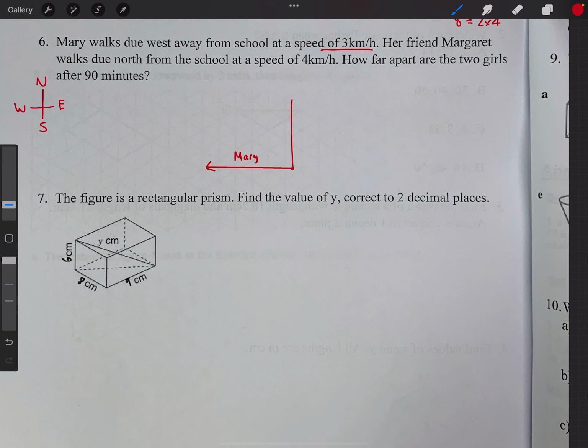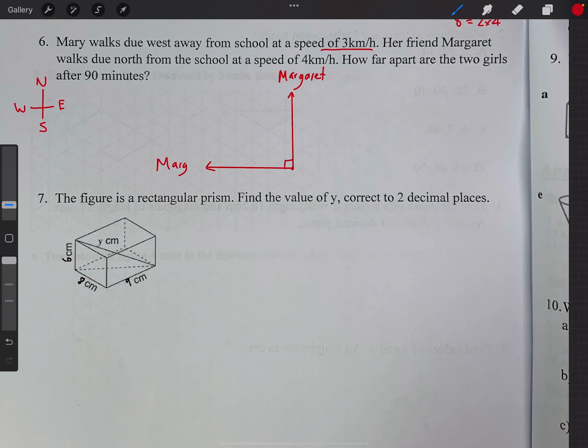Her friend Margaret is going north at a speed of 4 kilometers an hour. This is Margaret, and we know this is 90 degrees. So one goes at 3, one goes at 4.